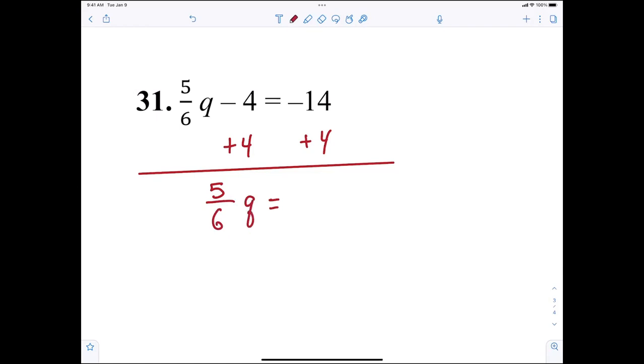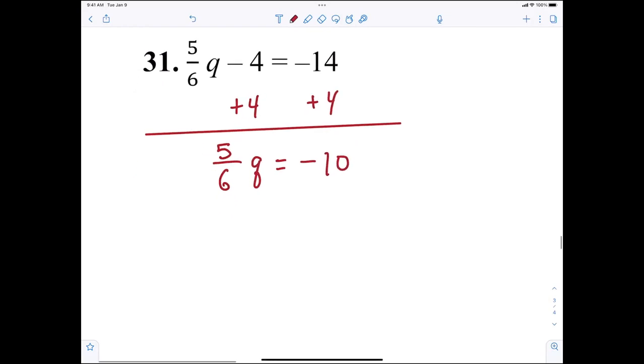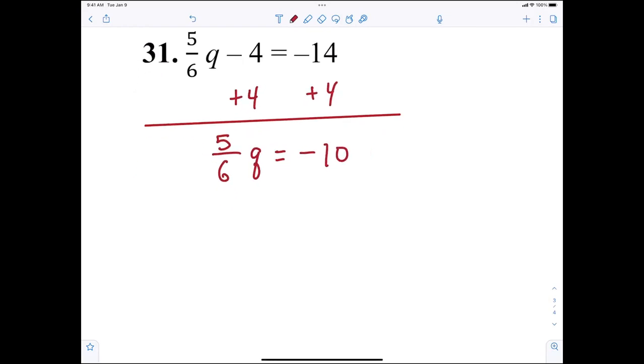Once you subtract, what's -14 plus 4? -10. Yes. Now what do we do with fractions? You add the 10 to the 5/6. How do I undo that? Yes, reciprocal.